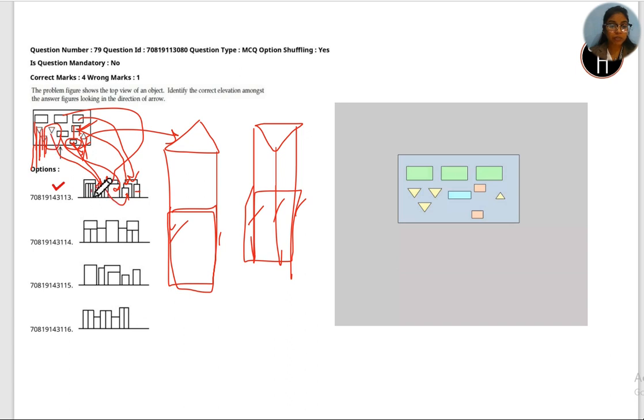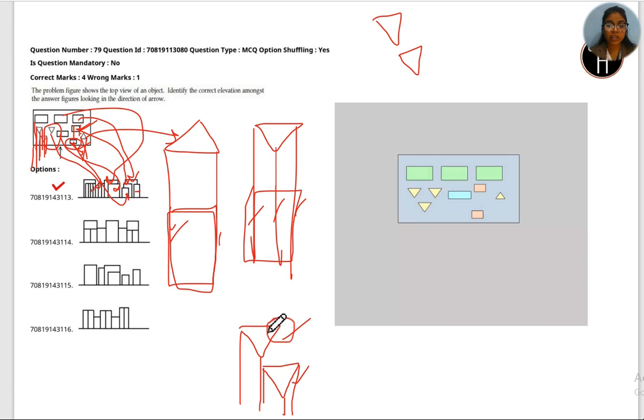It may be possible to see four or five lines, because the triangles are placed like this: this one is in the front and this one is at the back. Now you get to see one line, two lines, three lines, four, or this one, five lines.